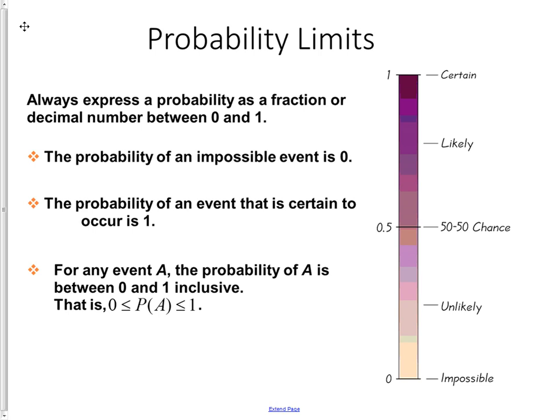So if we roll a single die and want to roll a 7, well, there are only 6 faces, so the probability of rolling a 7 is 0. The probability of an event that is certain to happen is 1. Every other probability is going to be somewhere between 0 and 1. So this is the basic rule you have to know: the probability of any event A is always between 0 and 1.